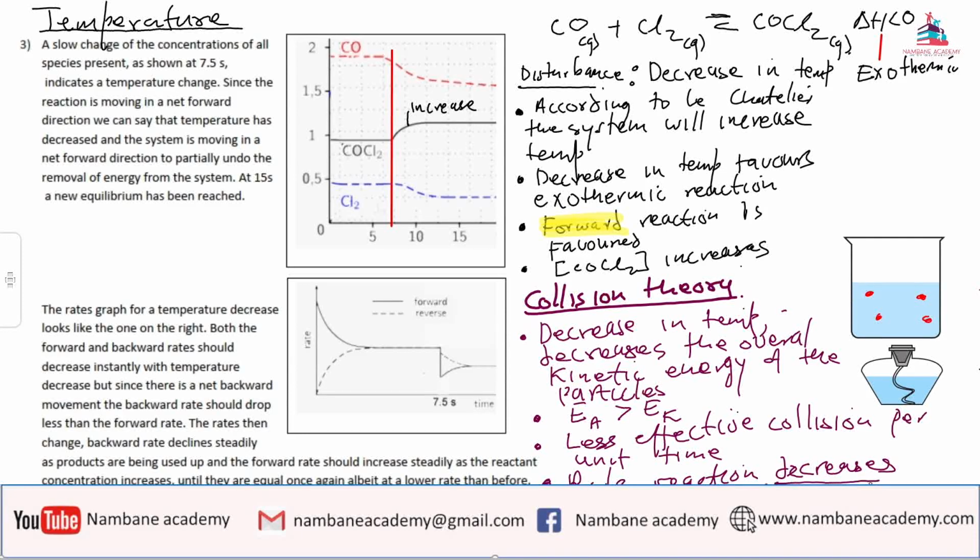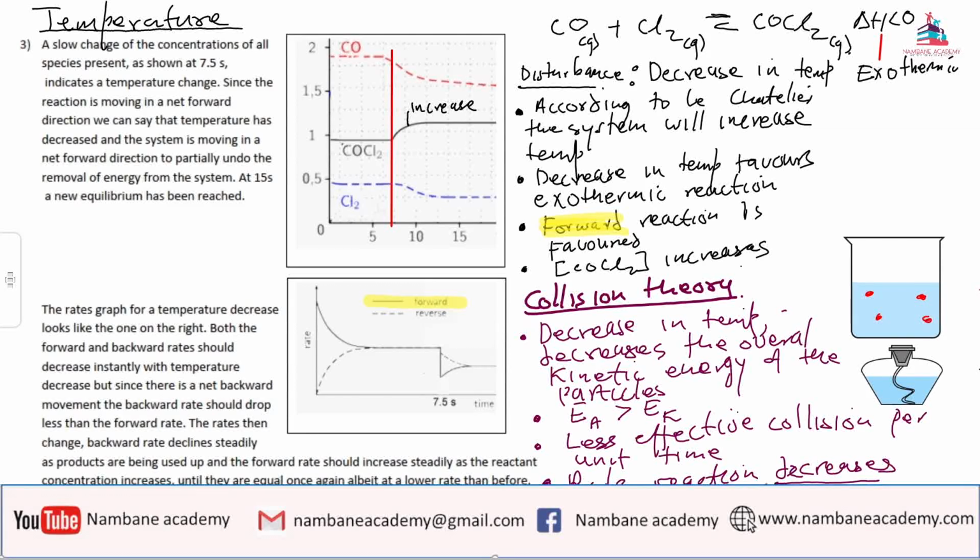And from that, we will now be in a position of saying, if the rate of the reaction decreases, how can we see that in our graph? Very easy. We know the forward reaction is favored, which is the solid line. Sorry, let me use a brighter color.